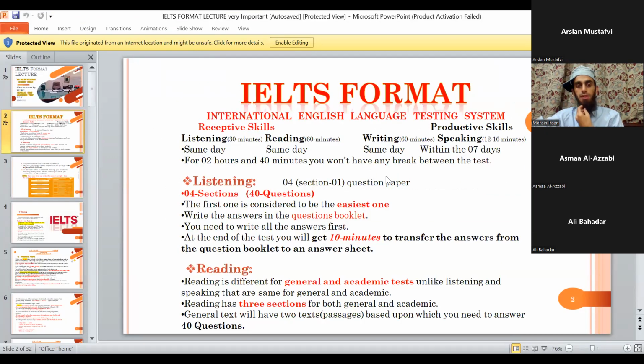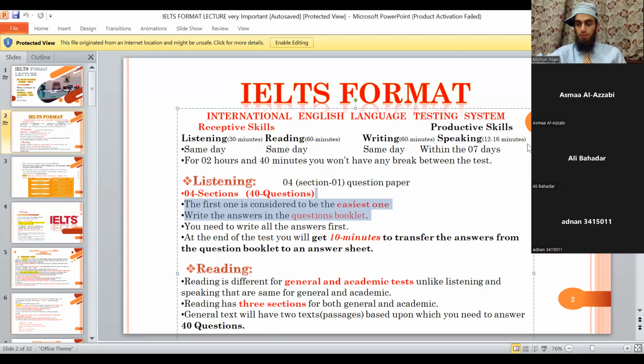What about reading, listening, and speaking? The difference between academic and general? I am pretty clear about this writing section. Yes, what is the difference between academic and general?